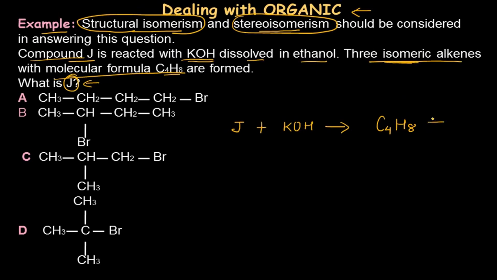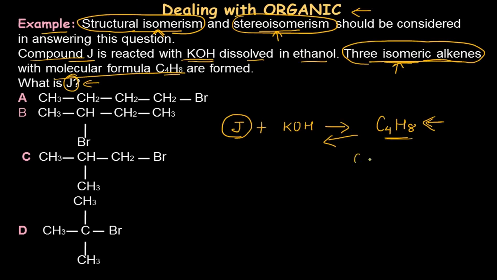So alkene is this butene, and you need to first work out the structure of the 3 isomers of butene which is obtained as a product. So again, as I had suggested, you need to work out first the structures of the compound butene, all the 3 isomeric, that is the structural isomer also and stereoisomer also. Then from it, reverse, find out the structure of J.